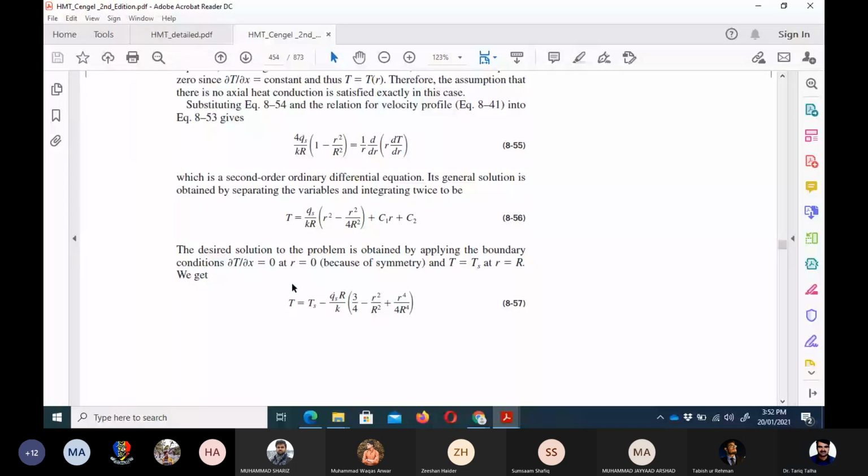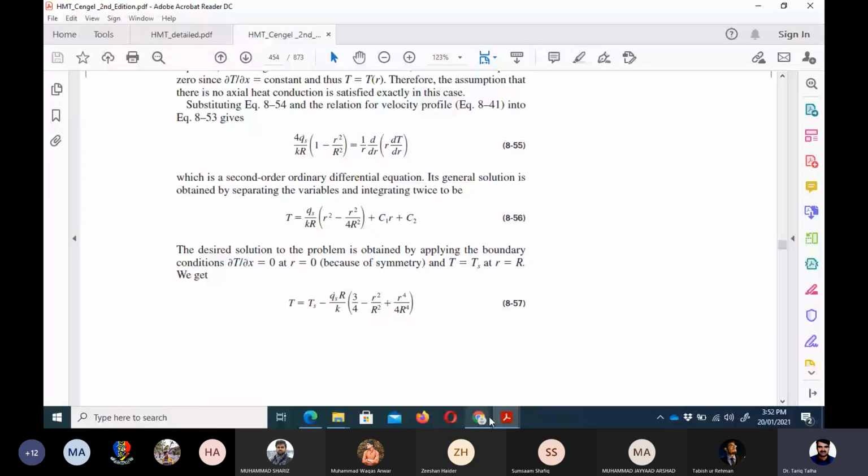That the temperature in the radial direction depends upon the surface temperature and the flux value, and also the k value for the fluid. The term in the bracket is due to mathematical manipulation. The main thing here is that temperature depends upon the surface temperature, the flux which is coming in, the radius of the pipe, and the thermal conductivity of the fluid.